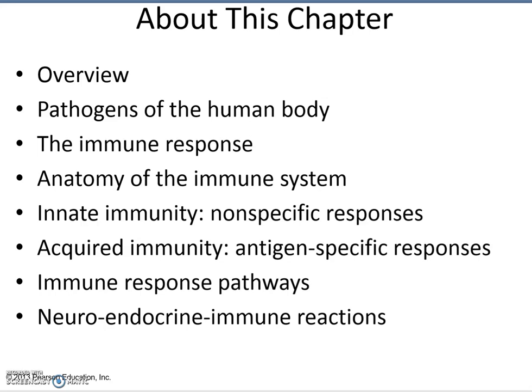So you get exposed to pathogens, to viruses, bacteria, and other pathogens, and then your immune system learns to defeat those pathogens that are trying to make you sick. And so that will be acquired immunity, and that is individual depending on what you as a person are being exposed to. We're going to take a look at the immune response pathways and then neuroendocrine immune reactions. That will be at the end.